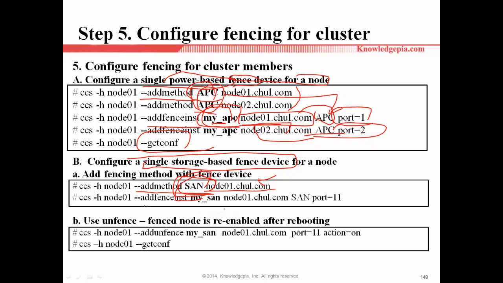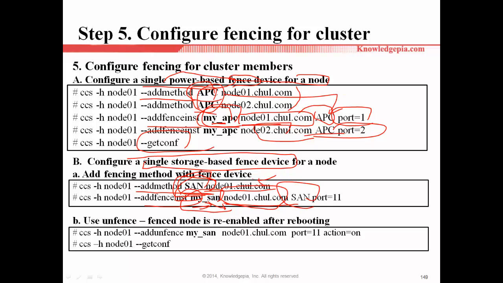And after that, add the fence instance here, my underscore san. So my san is also the name of the fencing device from step 4. So after you create this fencing device, you have to include this node1 char.com.